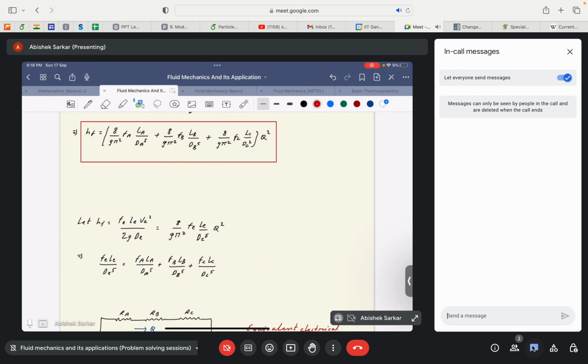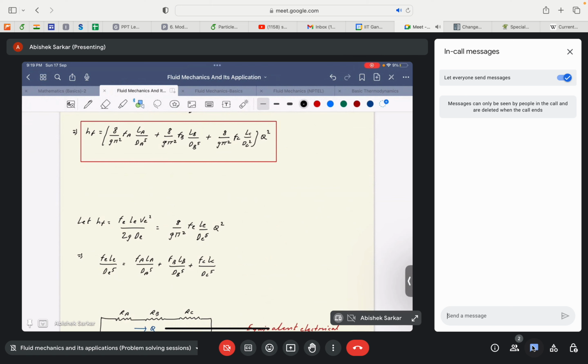Since the head loss remains the same, we represent this head loss HF in terms of equivalent values of a particular normalized single pipe. Say Fe is the friction factor in that pipe, L is the equivalent length, D is the equivalent diameter, and V is the velocity through that pipe.